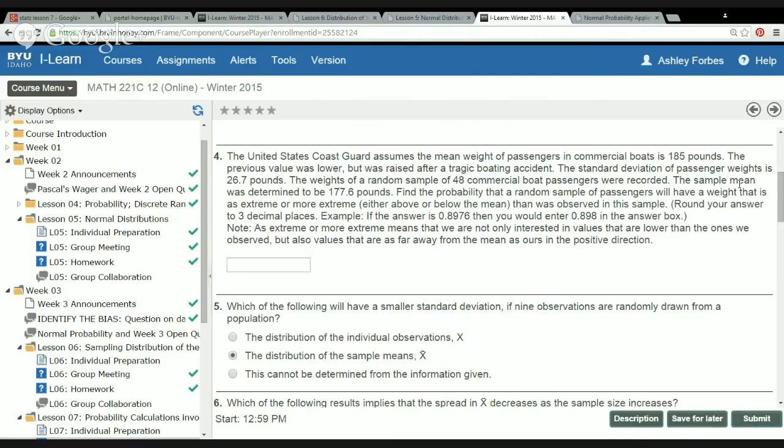So I am totally going off of just pure guessing. If you have any other idea, feel free to jump in. So 177.6 minus 185 is negative 7.4.